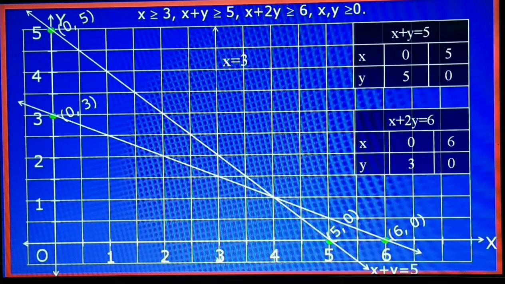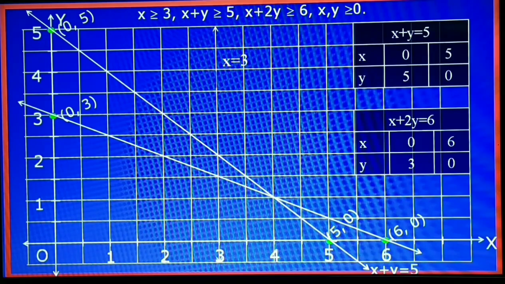When you substitute x is equal to 0, y is equal to 0, the inequality x plus y is greater than or equal to 5 gives 0 is greater than or equal to 5, which is false. Therefore, we should shade above the line x plus y is equal to 5.